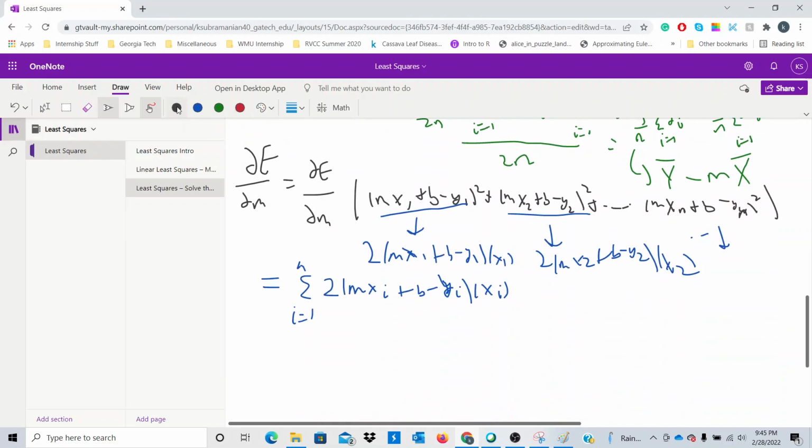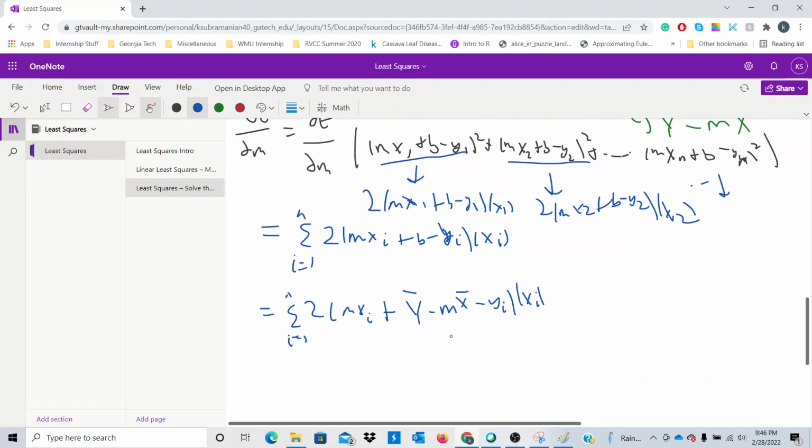So when we substitute, what do we get? Well, this is going to be equal to the summation from i equals 1 to n of 2 times m x sub i plus y bar minus m x bar minus y sub i, times x sub i.